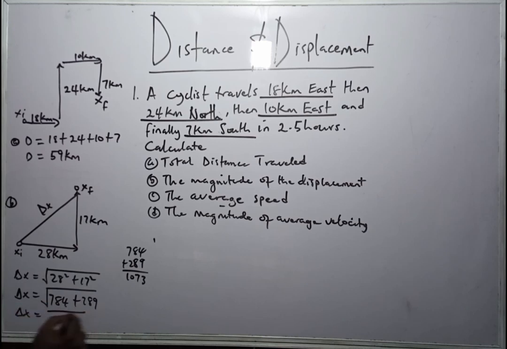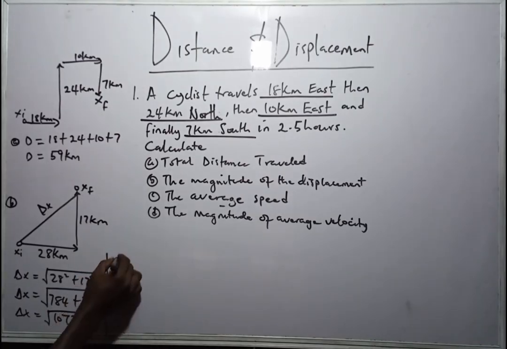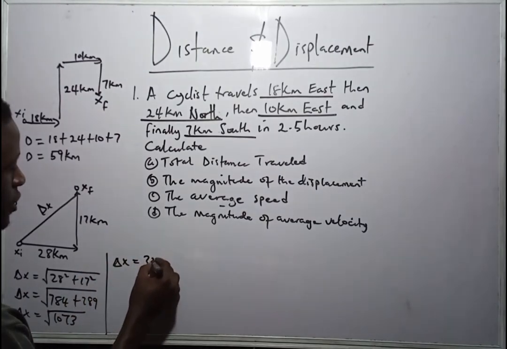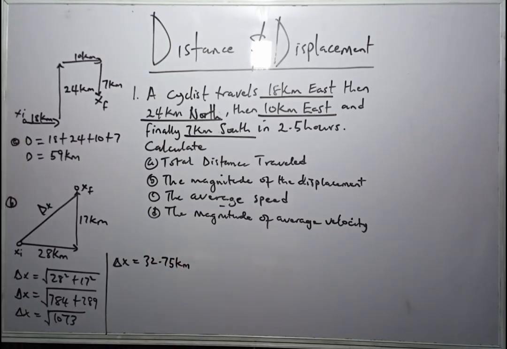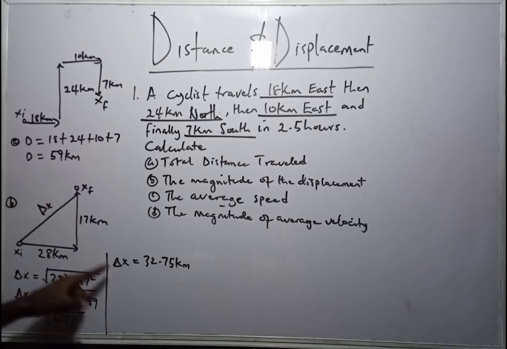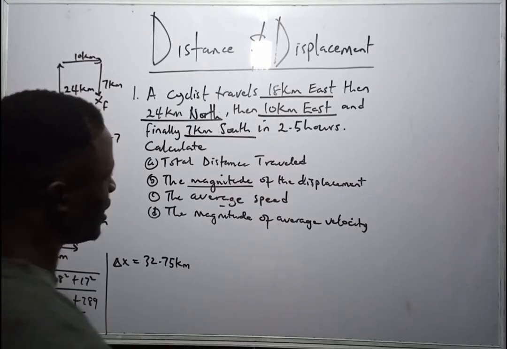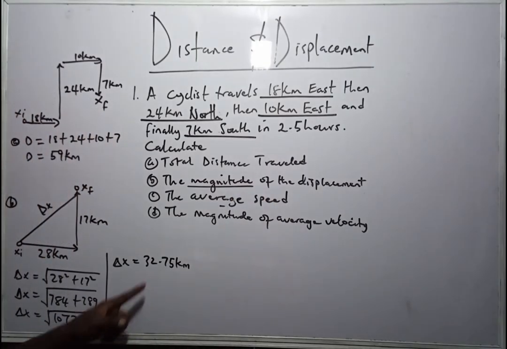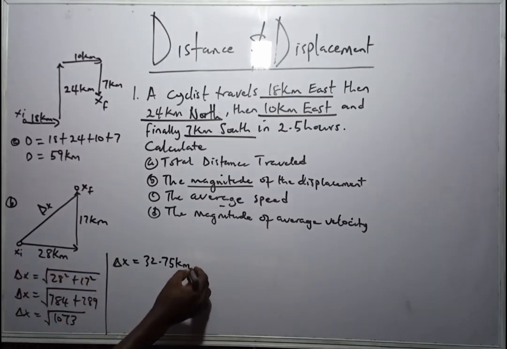The x is going to be root of 1073. If you find the square root, we are going to get 32.75 kilometers. So here is our distance for the whole journey, 59 kilometers, and here is our displacement. And note, we are asked to calculate the magnitude of the displacement, just the magnitude. You can also determine the direction. You were not asked to determine the direction in the question, but you can also determine it.